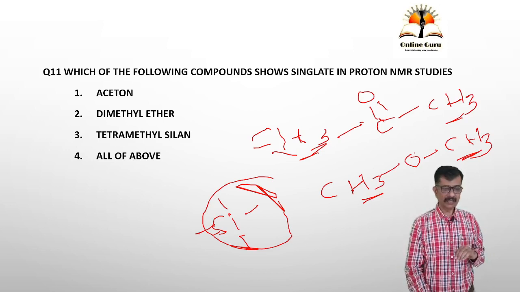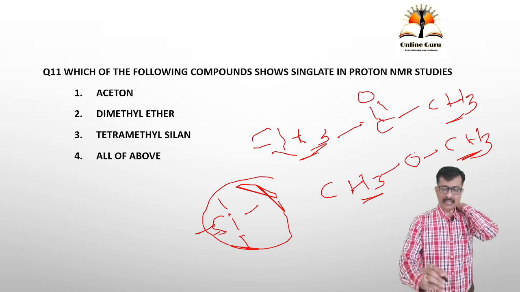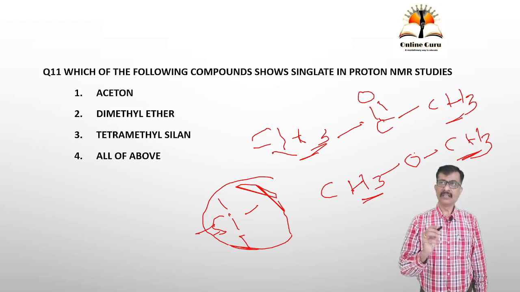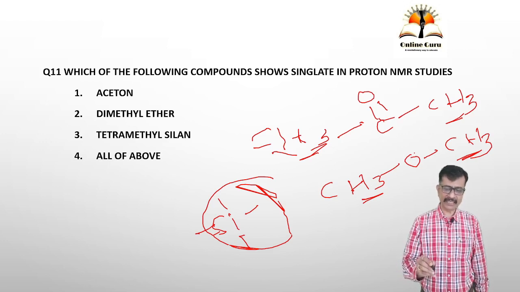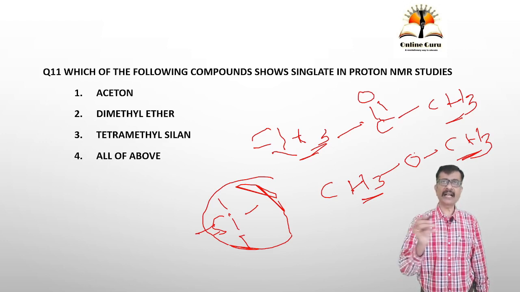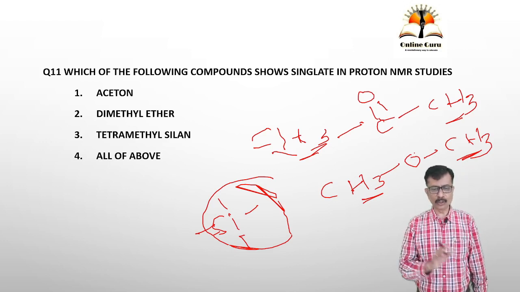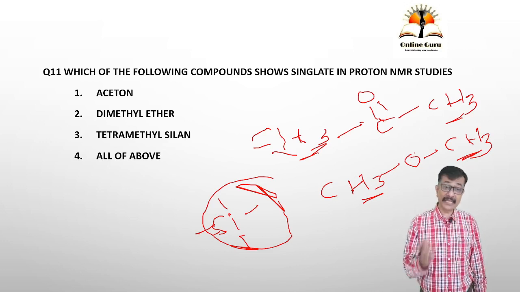So here all compounds should show a singlet in the proton NMR because the protons present in each molecule are in the same chemical environment and they are attached to a carbon where there is no proton, so no question of splitting of the peak.